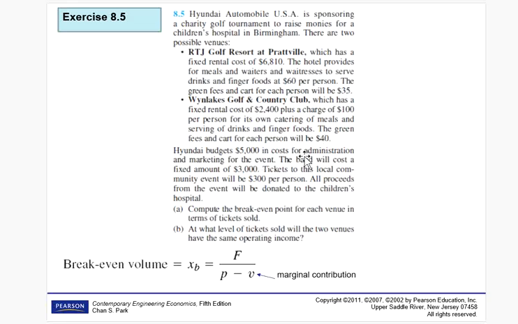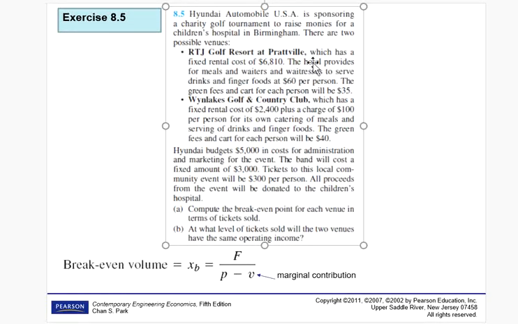So first, how to calculate a break-even point? F over P minus V. This is the formula which we have seen already. Now let's see what the given information is. RTJ Golf Club has a fixed cost of 6,810, and the hotel provides a meal and waiters and waitresses to serve drinks and finger food, 60 per person.